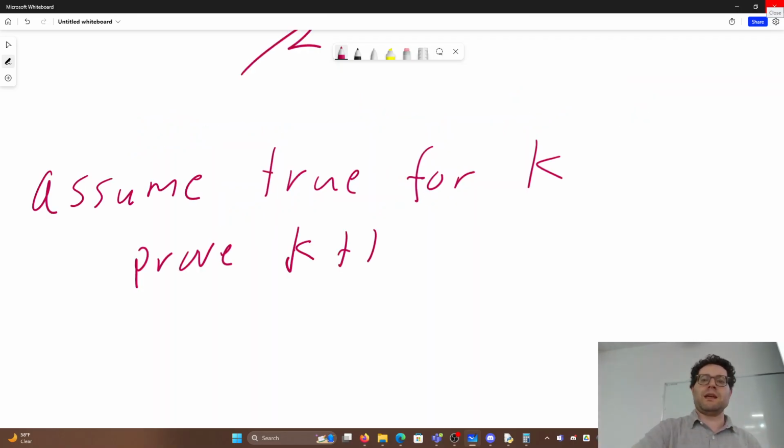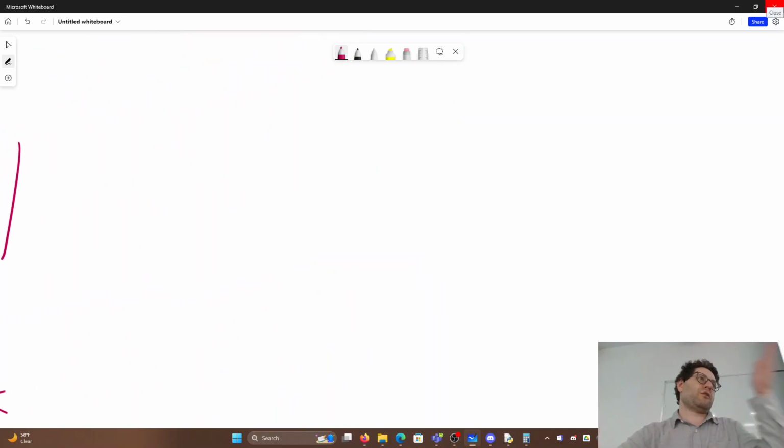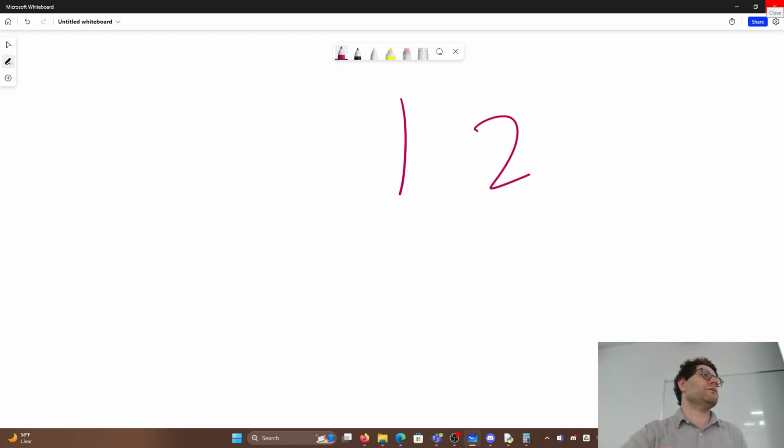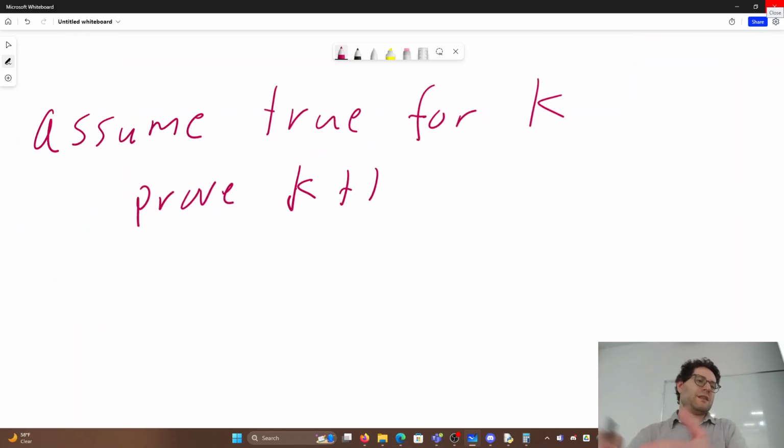The reason being is that since you've proved a base case, if you prove that if it works for k, it works for k plus 1, you can start from your base case and go, aha, since I know it works for 1, it's going to work for 2. And because I now know it works for 2, it's going to work for 3. And since I now know it works for 3, it's going to work for 4. It's dominoes, essentially. So by proving this general case, we can say, starting from the base case, we know it's all going to work.